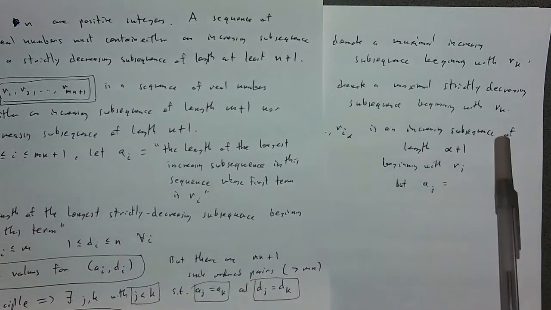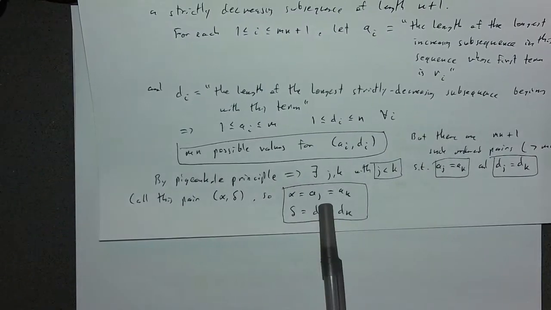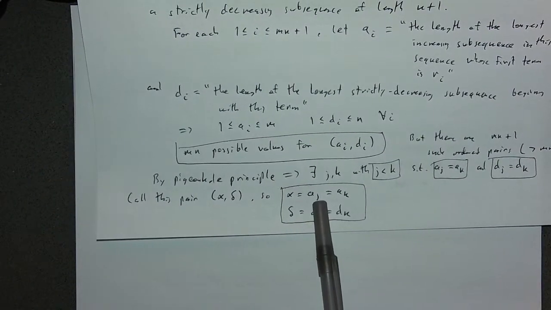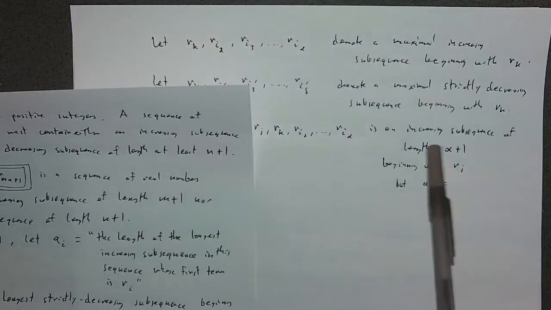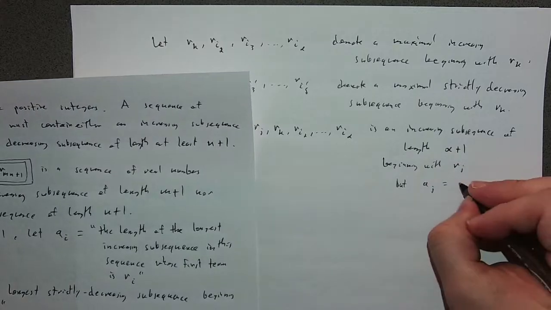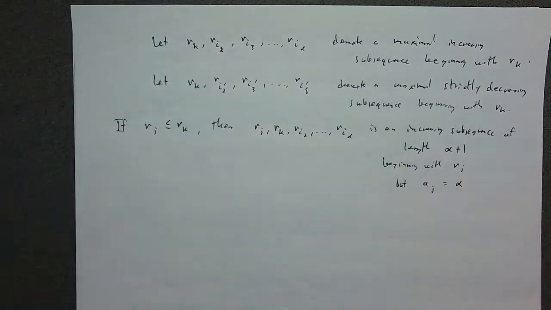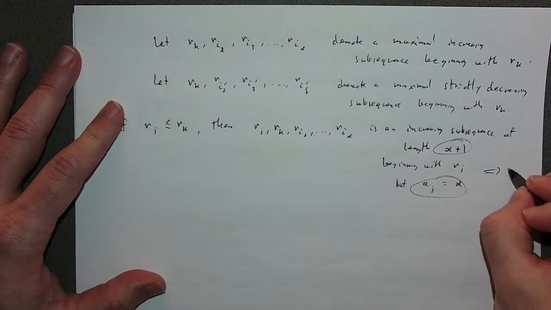I just found an increasing subsequence of length alpha plus 1, but I said that alpha is a sub j. But that can't be, because I just found an increasing subsequence of length alpha plus 1. So, that's not possible.